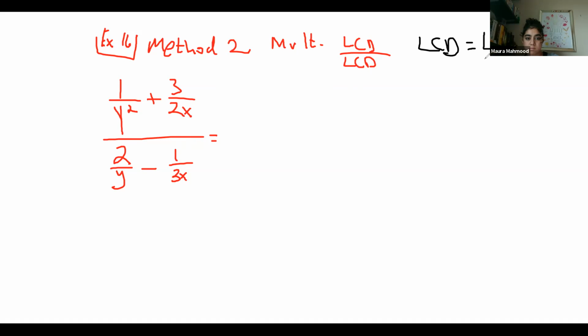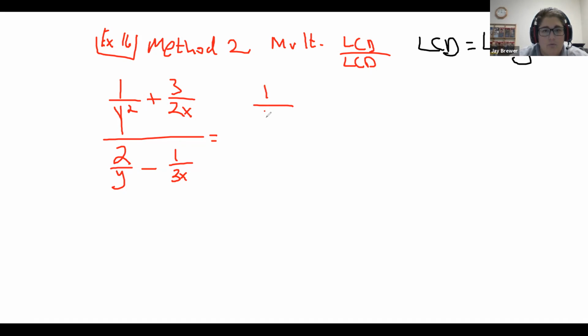We have an x, and the highest y we have is y squared. Okay. That is your overall LCD, all right? So what we are going to do is distribute this LCD to each one of the fractions.